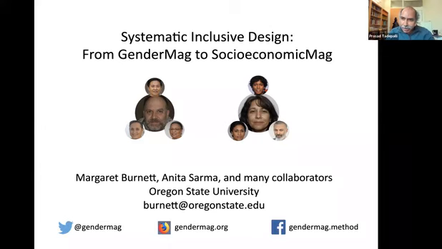So we're going to hear about all of that stuff. And she has several accolades, including ACM Fellow, member of the ACM CHI Academy, and a lot of other things. So we are very, very proud and happy to present Margaret Burnett.